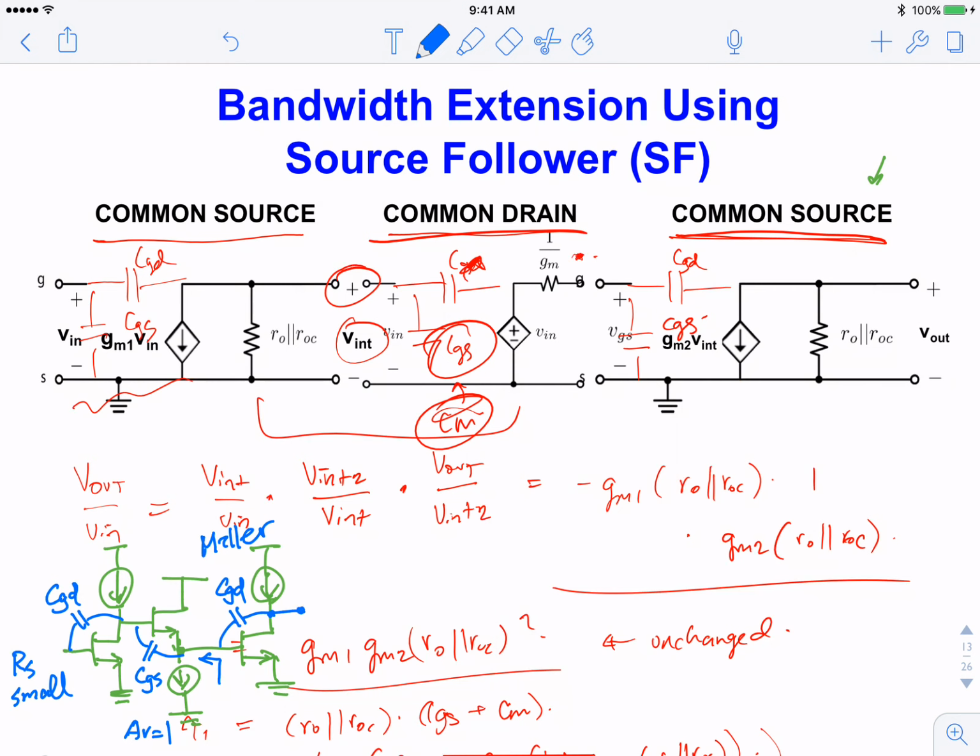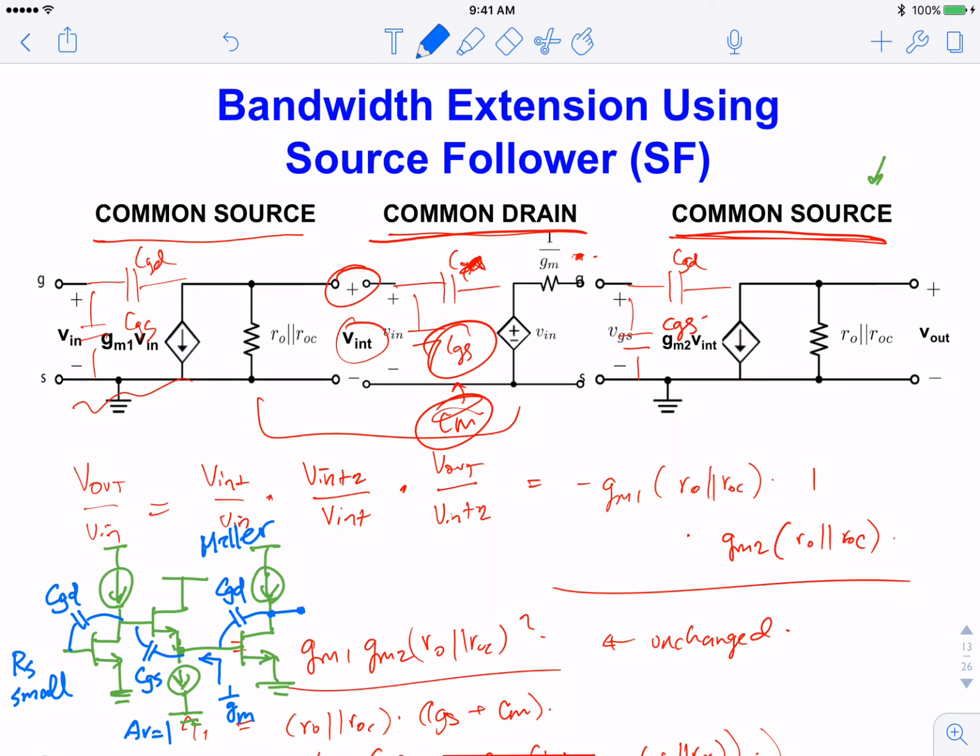You are now looking into the source. So the impedance that this large Miller capacitance sees is now 1 over gm. So these are, again, from that universal treatment. Looking into the source, you see 1 over gm. So you lower the impedance. You did not do anything to the capacitance, but you lower the impedance. RC still becomes smaller, okay.